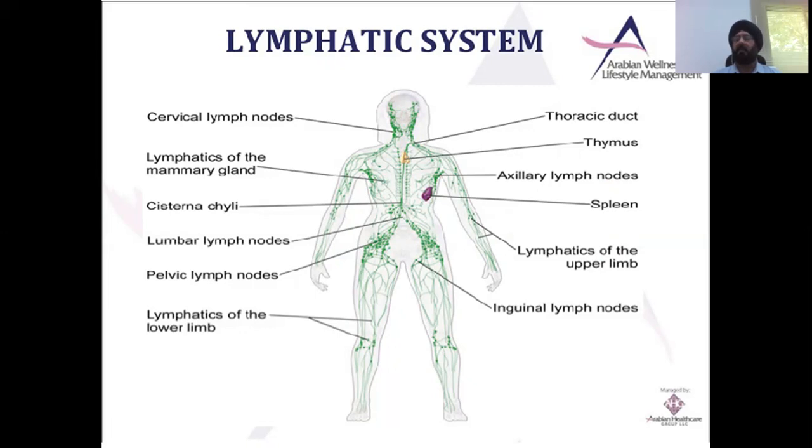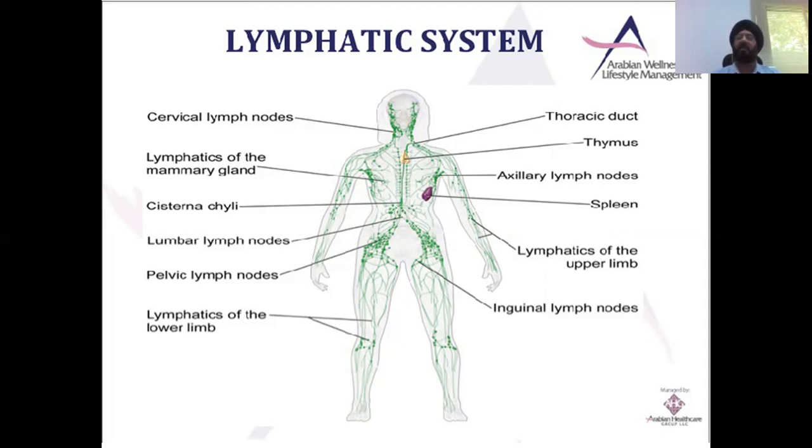After cellular exchange, that fluid returns back to the blood supply, but it cannot enter the circulatory system, the capillaries. It is drained out through a special type of channels known as lymphatic channels.